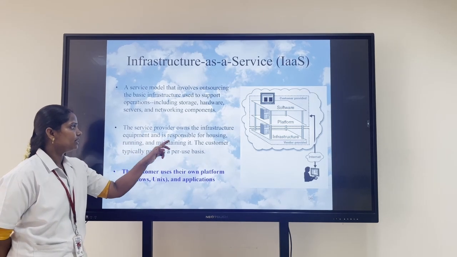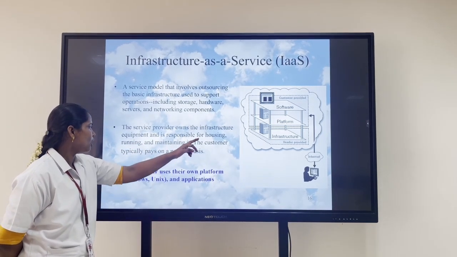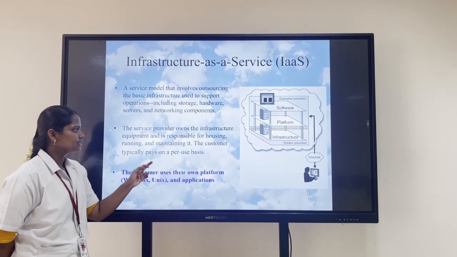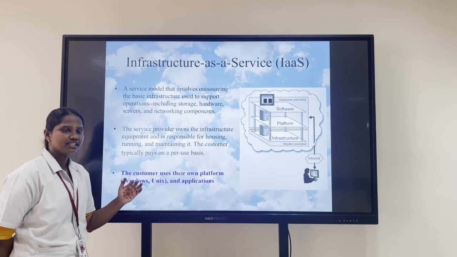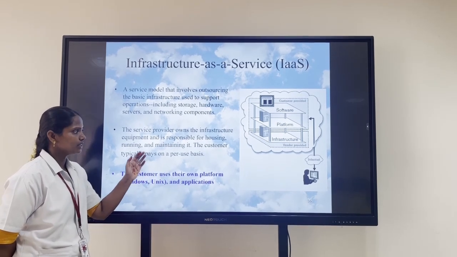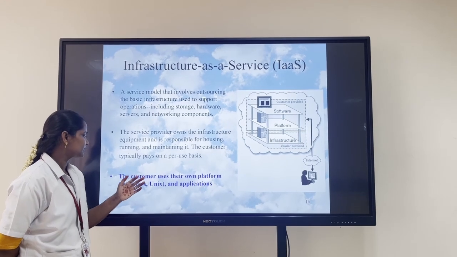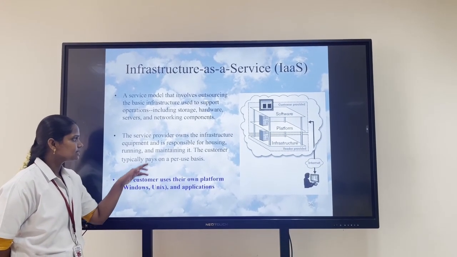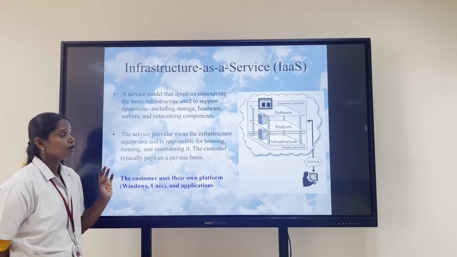The service provider owns the infrastructure equipment and is responsible for housing, running and maintaining it. The customer typically pays on a per-use basis. So whenever the customers use a particular item, they pay a certain amount for it; otherwise they need not pay. This is a very good example of the benefit of cloud platforms.